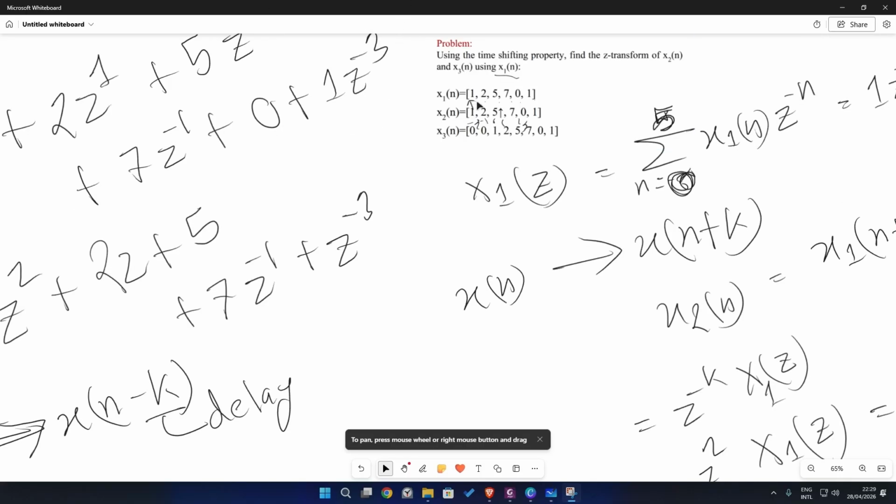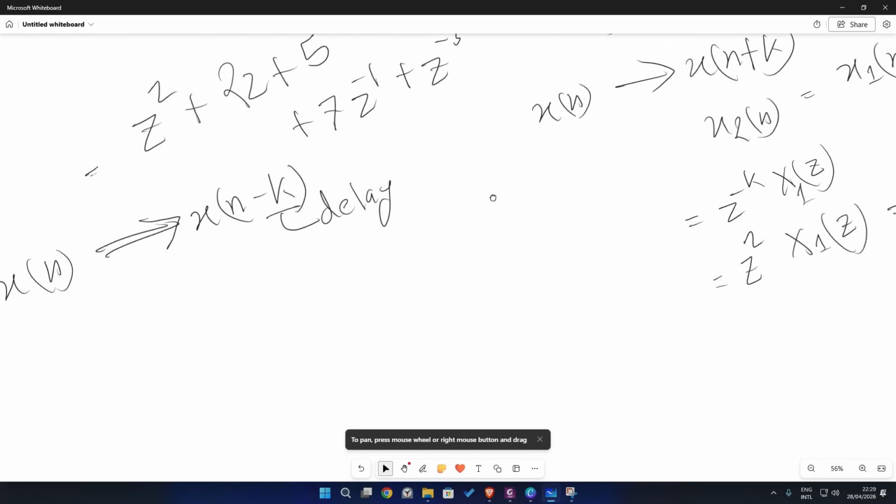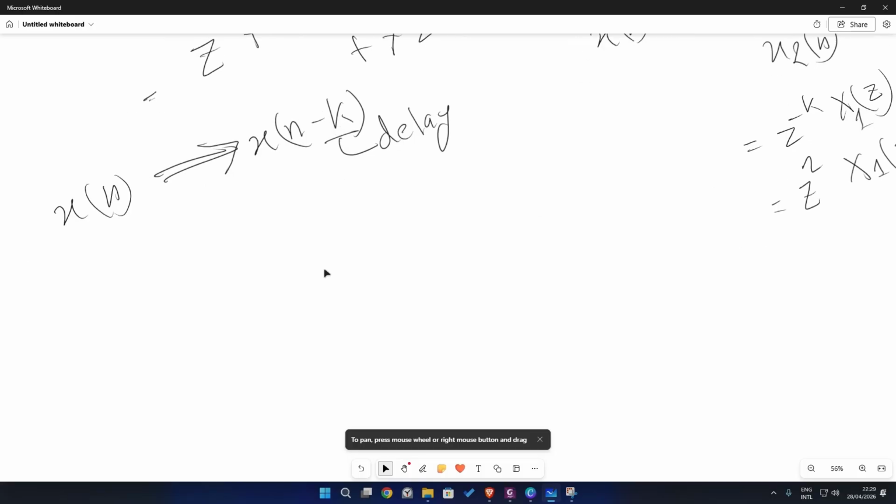How many steps has it been delayed? 1, 2, so the value of k will be 2. So we can write x3[n] equal to x1[n minus 2].